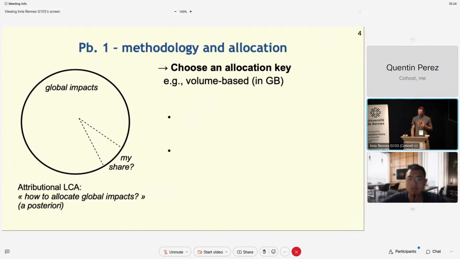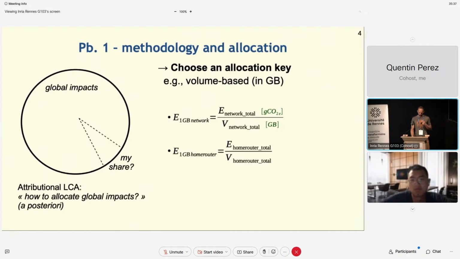That is, the GHG emissions of transferring 1 gigabyte are estimated by dividing the overall emissions by the total volume of data. And for the allocation of your home router, we will end up with the same basic ratio. But as you already know, neither the manufacturing emissions nor the power consumptions of your home router depend on the actual traffic. And this is also partly the case for all the other network equipments.